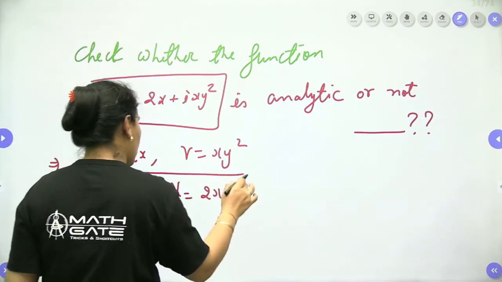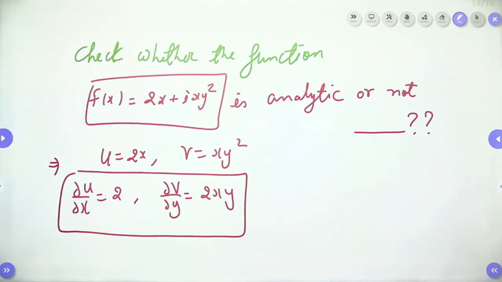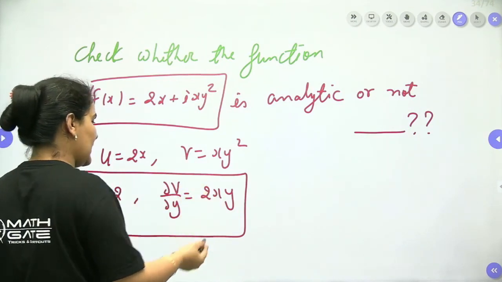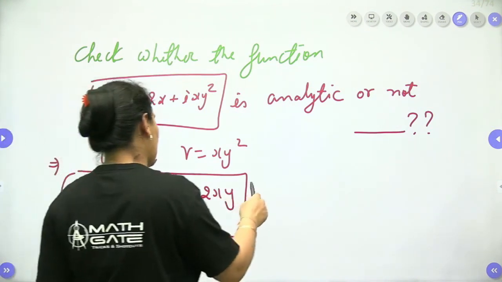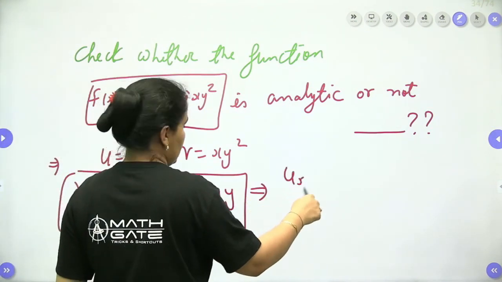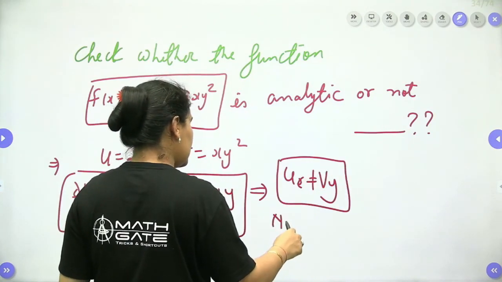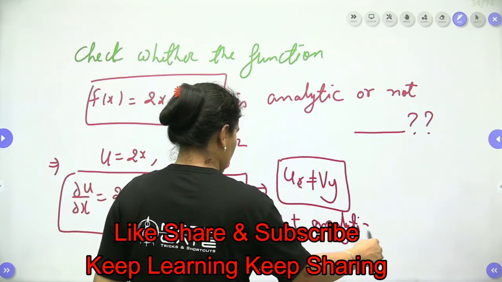So you can conclude from here only, guys, that these two things are not at all equal, hence we can write ux is not equal to vy. When ux is not equal to vy, it is not analytic, my dear students. Is it clear?